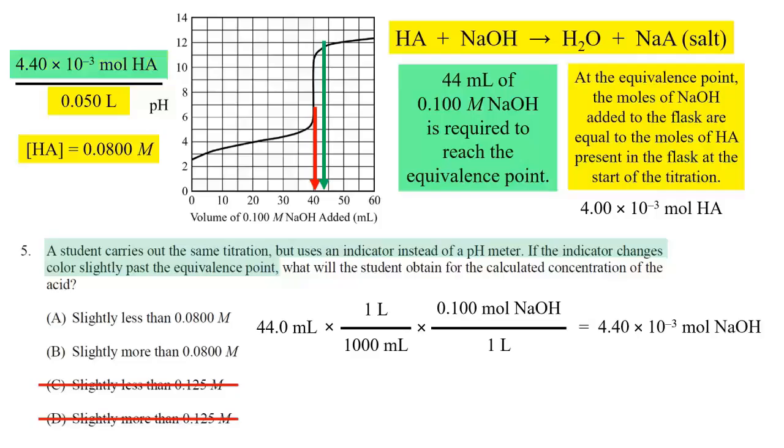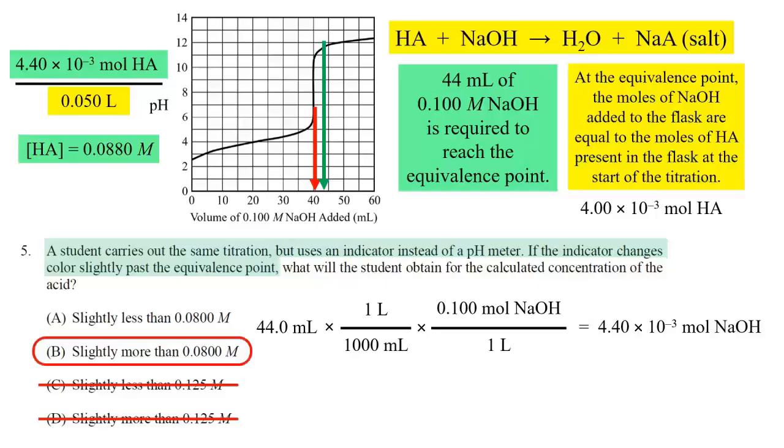So I'm going to put a larger number of calculated moles of the sodium hydroxide into my calculation. That is also a larger number of calculated moles for the acid. So when I do that math, instead of getting 0.08, I get a number that is slightly larger than 0.08.